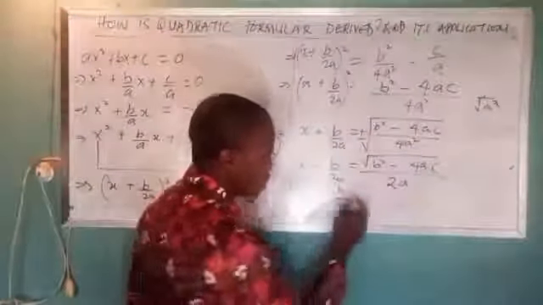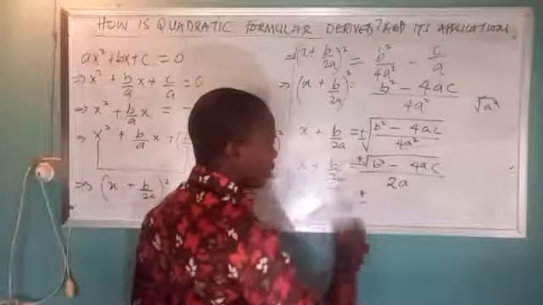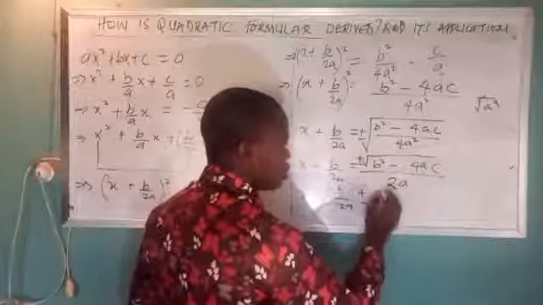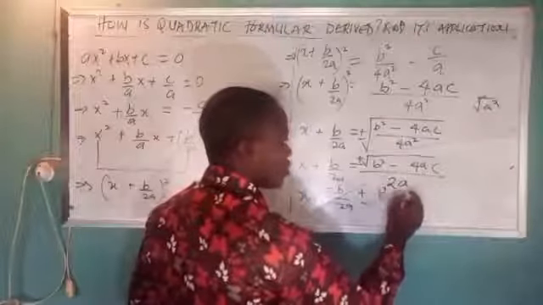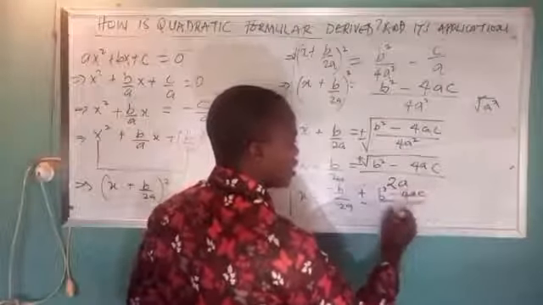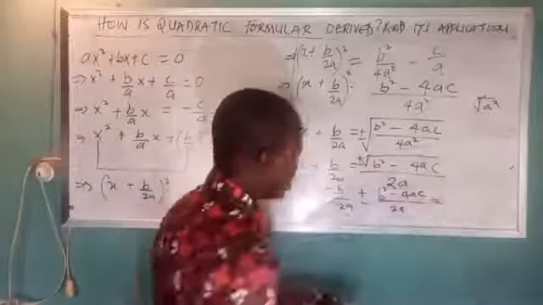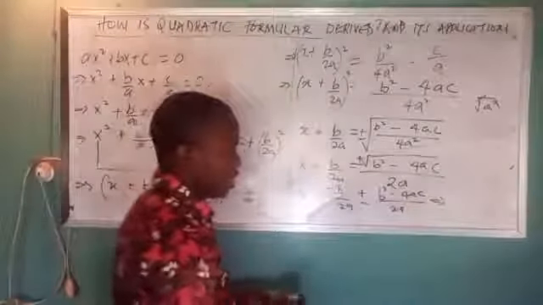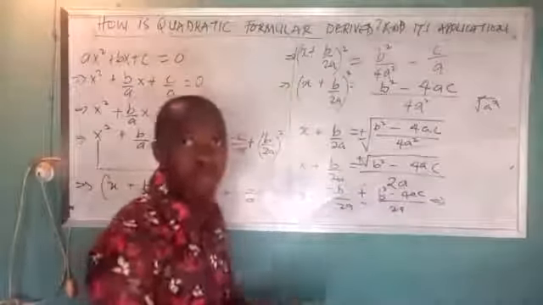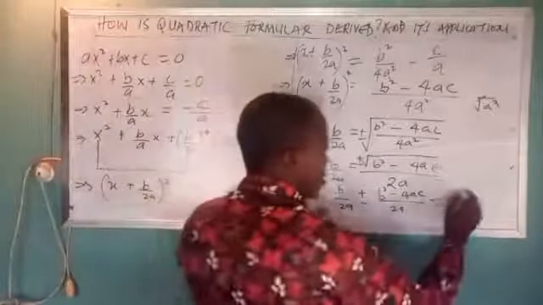That's why you have negative here. Plus or minus, don't forget your plus or minus, the square root of b squared minus 4ac over 2a.